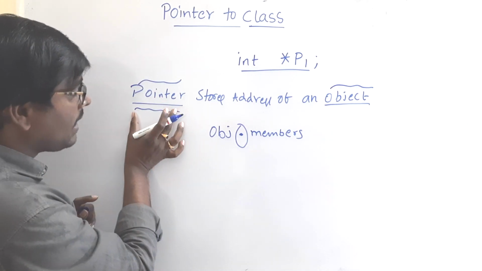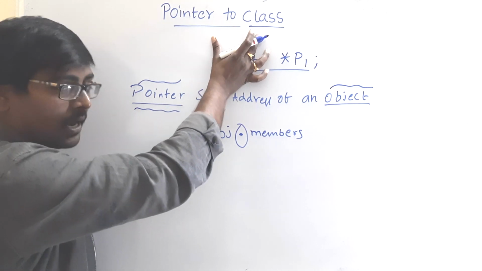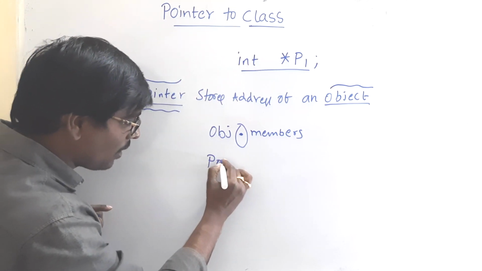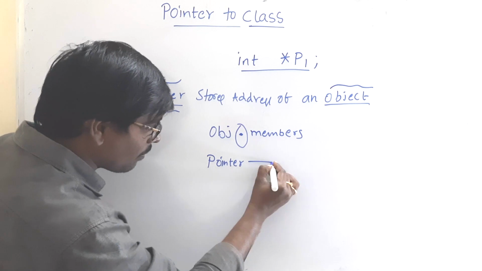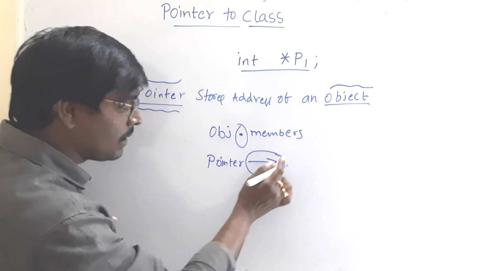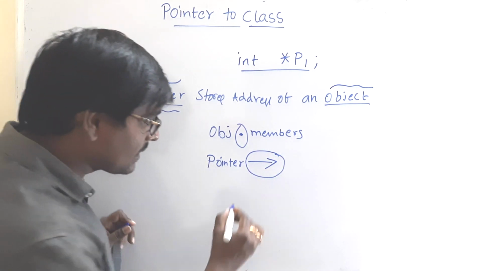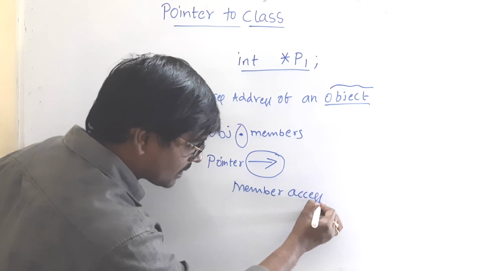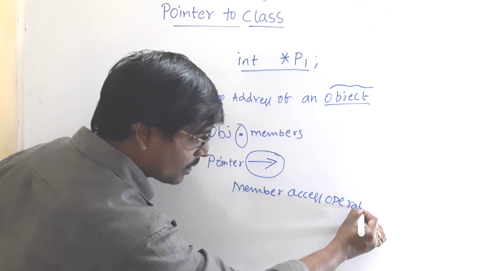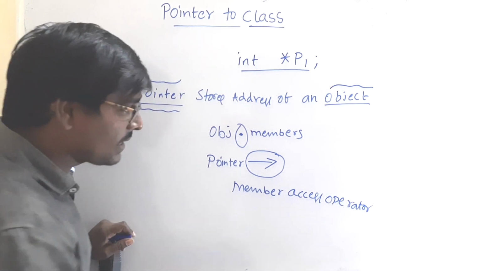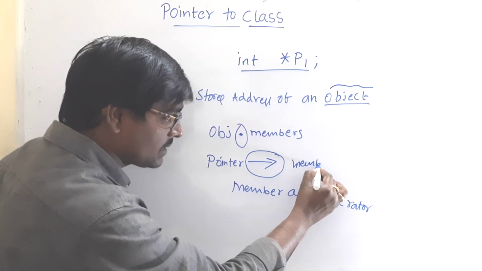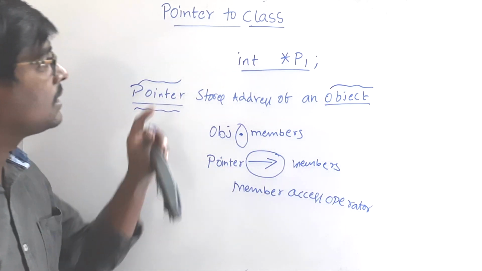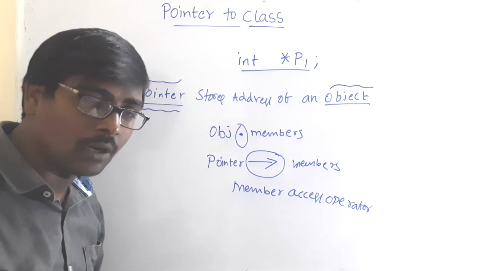Similarly, we can access the members of a class by using a pointer, with this arrow symbol. This is the member access operator. By using this member access operator, we can access the members of a class. This is the concept of pointer to class.